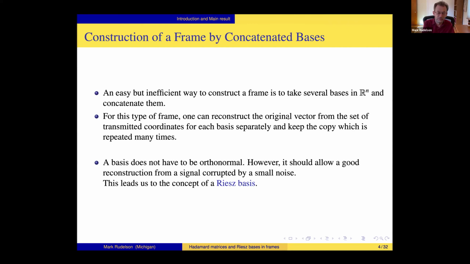There are much more efficient ways to do things. And first, before I go to this, let me say that the basis with respect to which we decompose should not necessarily be orthonormal. We can allow a good reconstruction if the basis is more or less orthonormal, and this will lead us to a concept of a Riesz basis. So what is the Riesz basis?